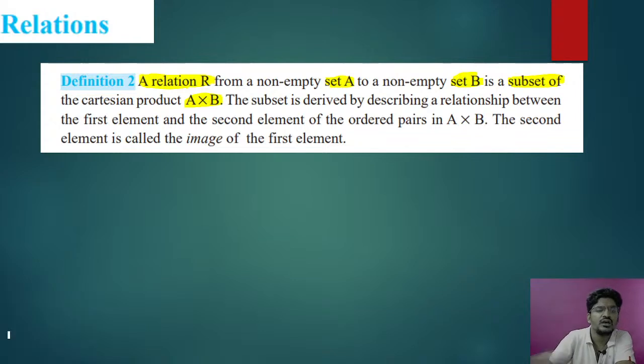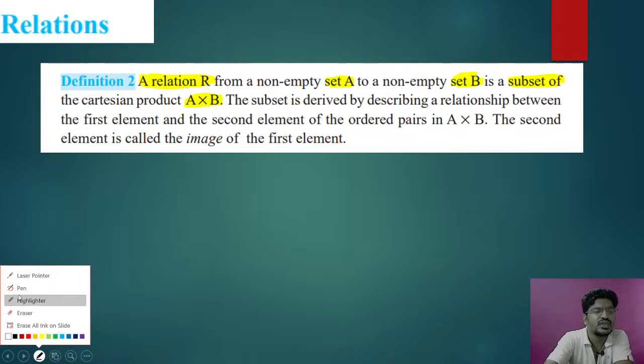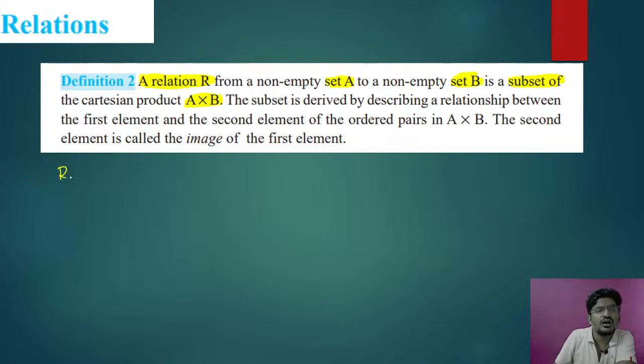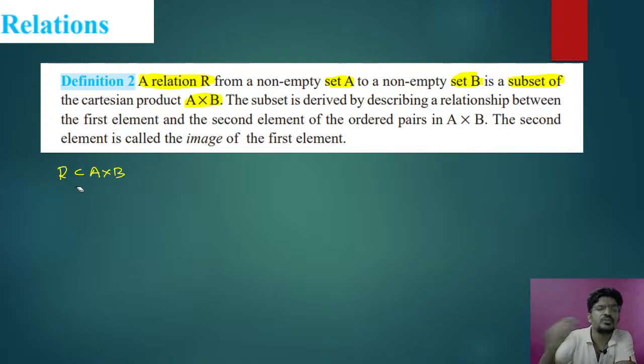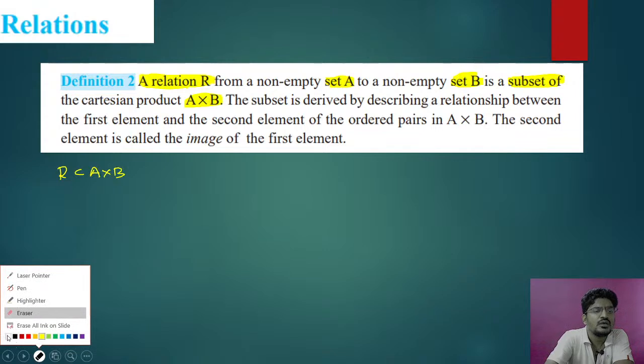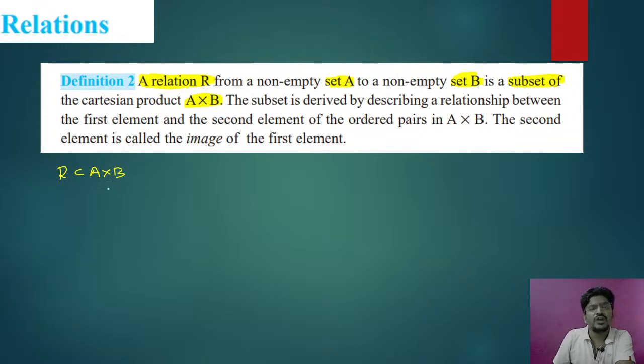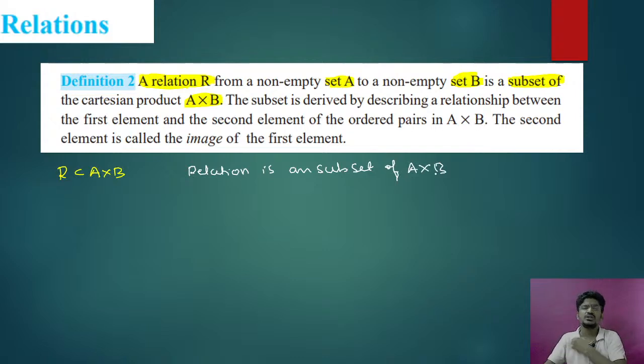We can write it as R is a subset of A cross B. Don't write it as a proper subset. It is an improper subset. Okay. So that is R is a subset of A cross B. That means a relation is a subset of the Cartesian product.